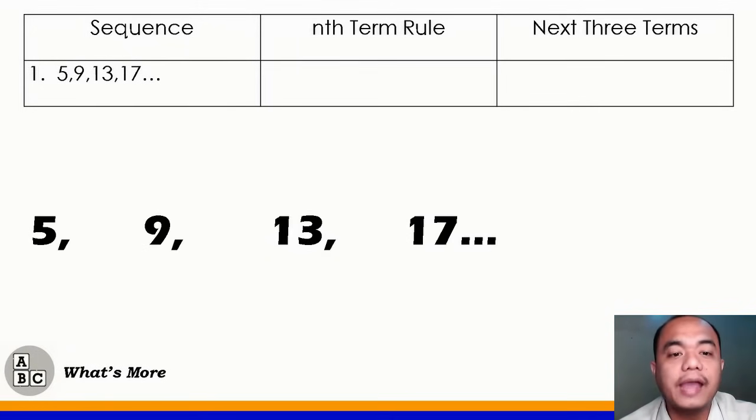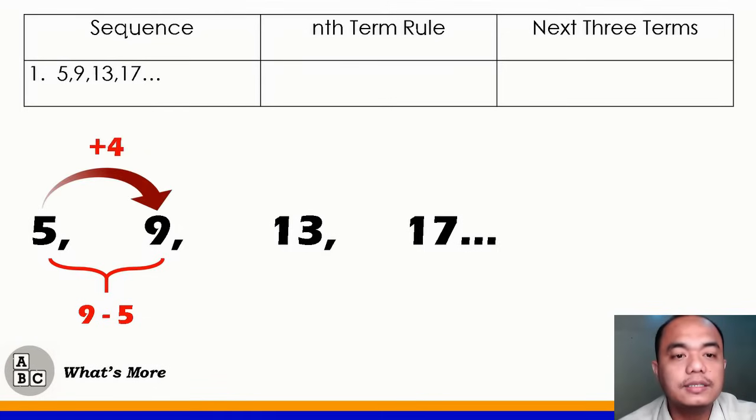So let's have 5, 9, 13, 17 as the sequence. We will look for a pattern, of course. We can apply working backwards, and we will try to have the guess and check strategy later on. So, if you notice, that's 9 minus 5 equals 4.